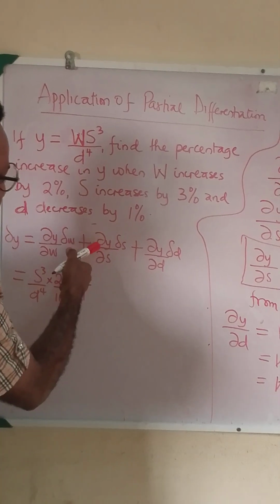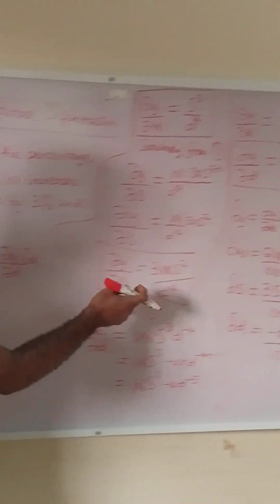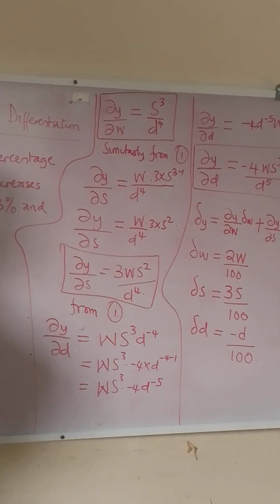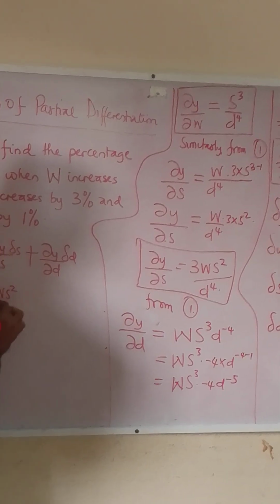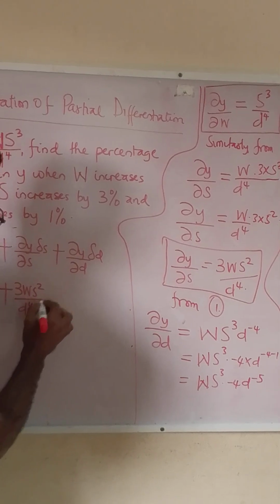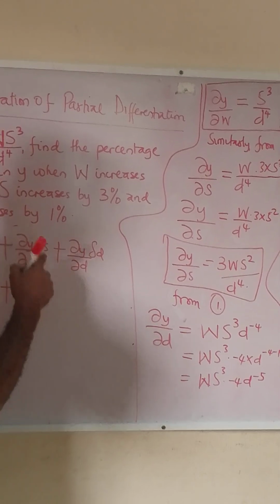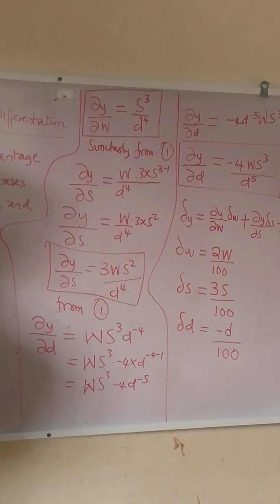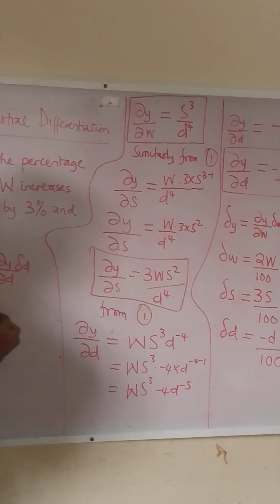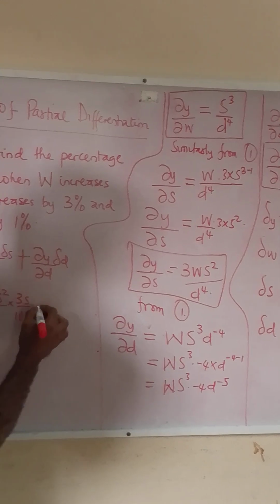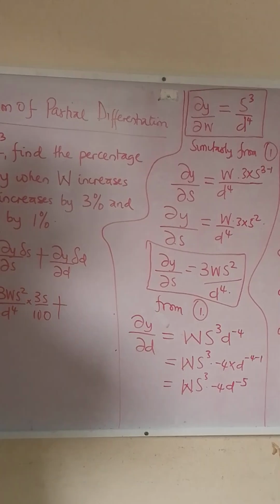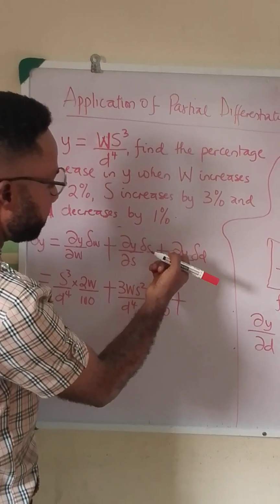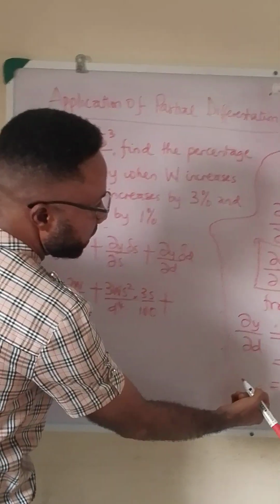Our partial derivative of y with respect to s is this. So we have 3ws squared over d raised to power 4 times our change in s, which is this. So we have 3s over 100 plus. Note we are substituting into this equation here. Our partial derivative of y with respect to d is this.